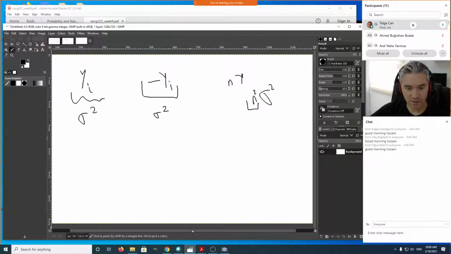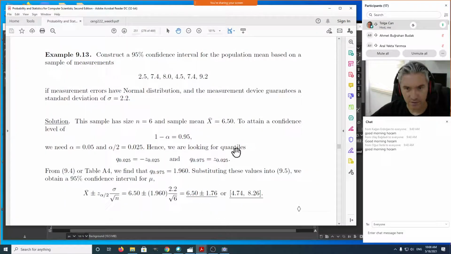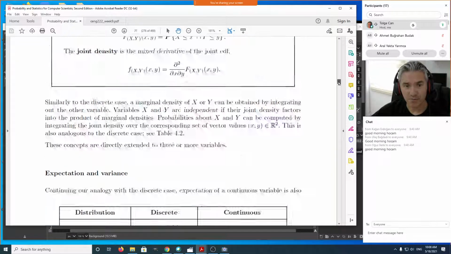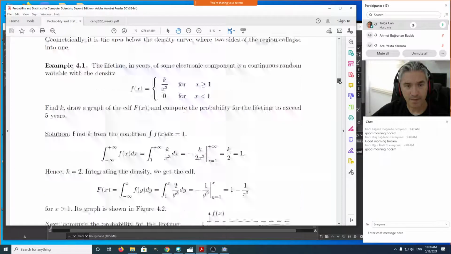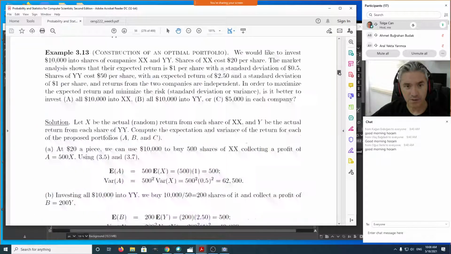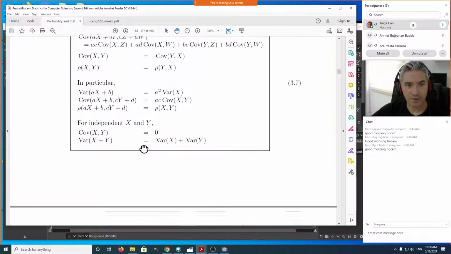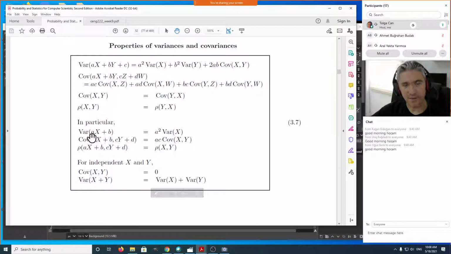Let me quickly go, this is page 251. Let me show you, yeah, this one. Here it tells me this is the variance of ax plus b. B is 0 in this case, and it doesn't affect anything here.